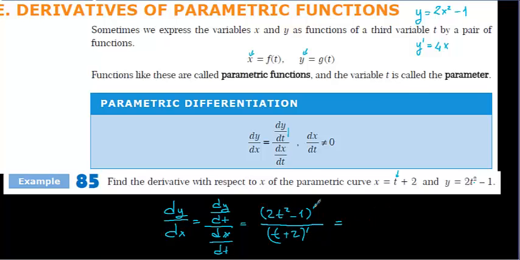So 2t squared derivative is going to be equal to 4t, and the derivative of t is equal to 1, the derivative of 2 is equal to 0, so this is going to be equal to 1. The answer is going to be equal to 4t.